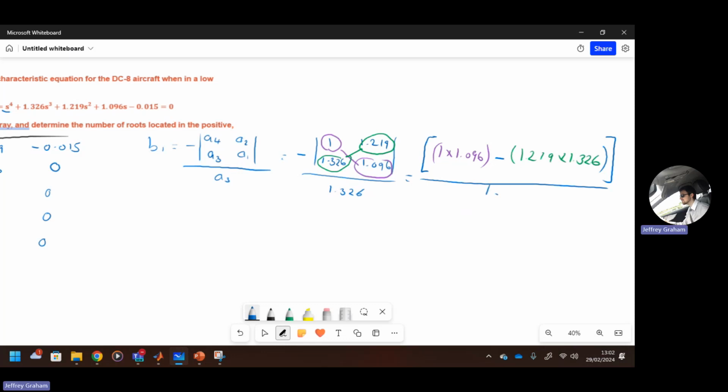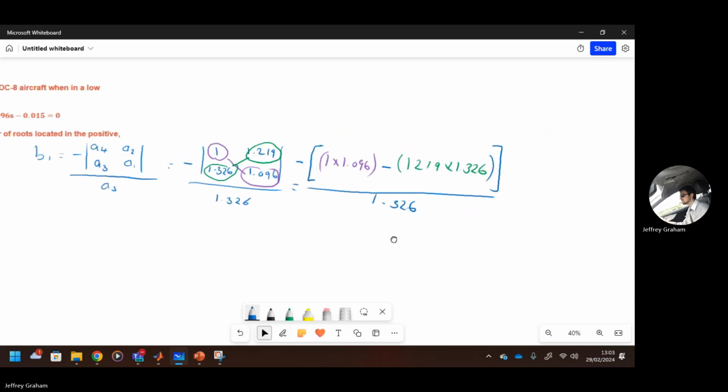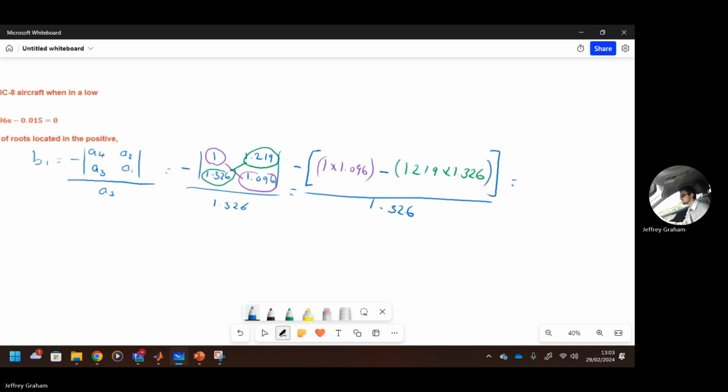All divided by 1.326, and there's a minus sign outside there. So you should be able to stick that into your calculator. It comes out 0.392. Right, so that is B1.